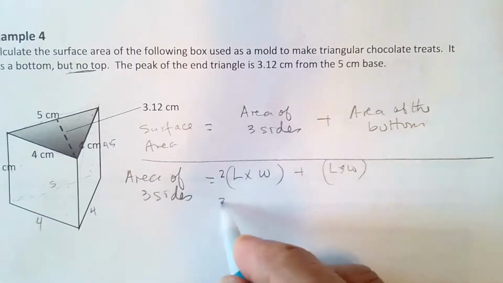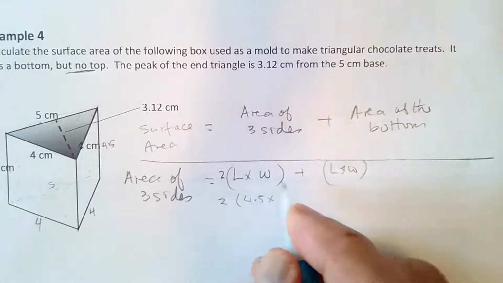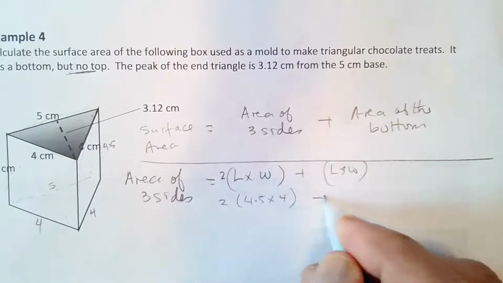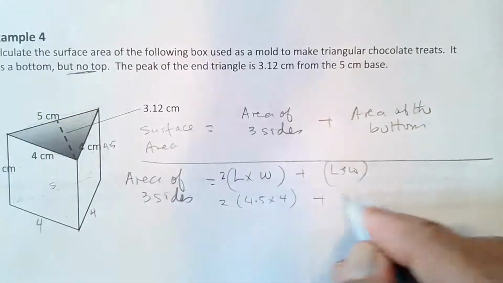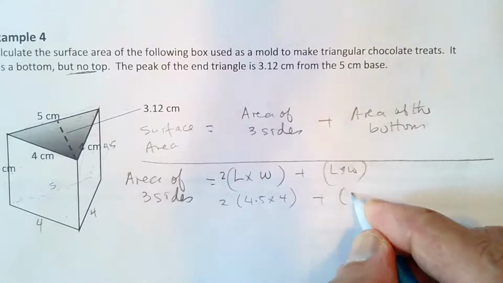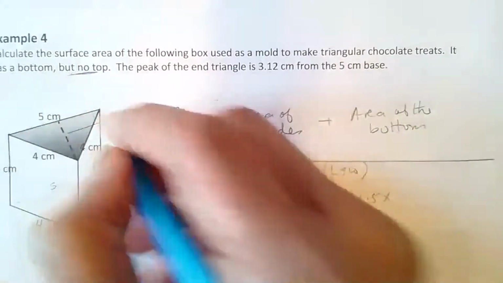We have 2 times 4.5 times 4, plus the other one, length times width, 4.5 times 5.